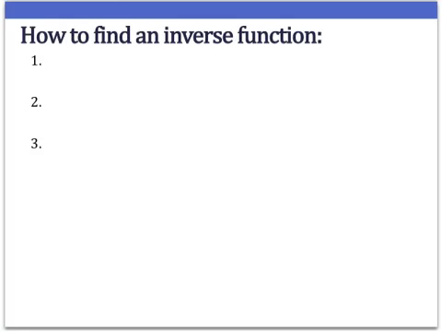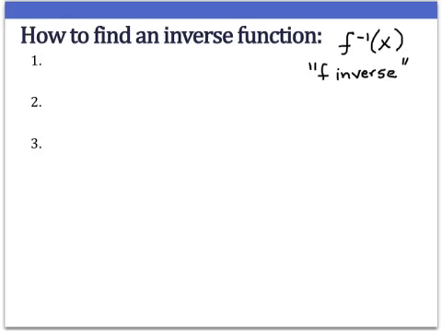Okay, now finding an inverse function, I'm going to show you another notation, and this looks like an f of x with a -1 exponent, but this isn't. You read this as f inverse. So it's not an exponent. So how to find an inverse function, how to find the function that, if you compose it with the original function, gives you x.